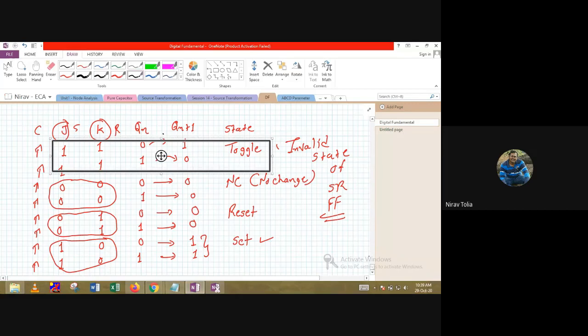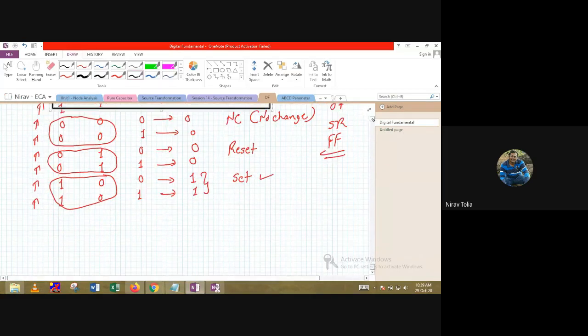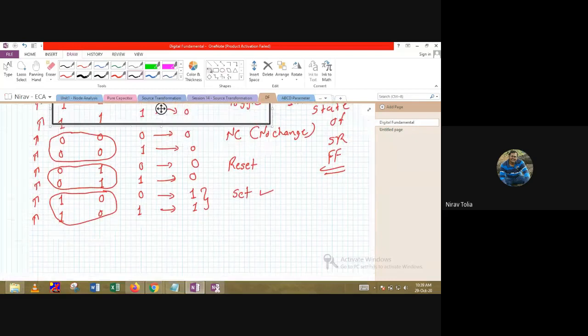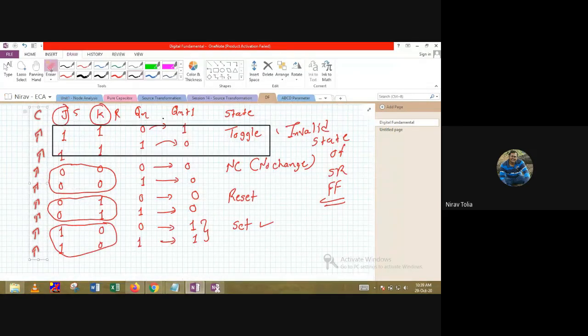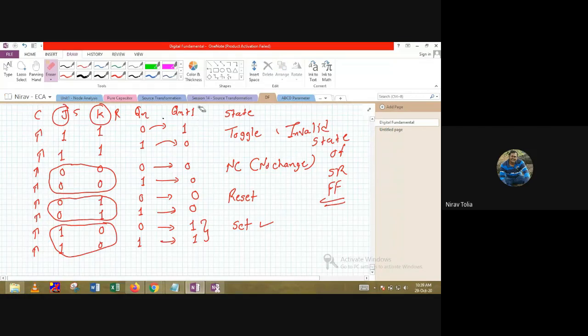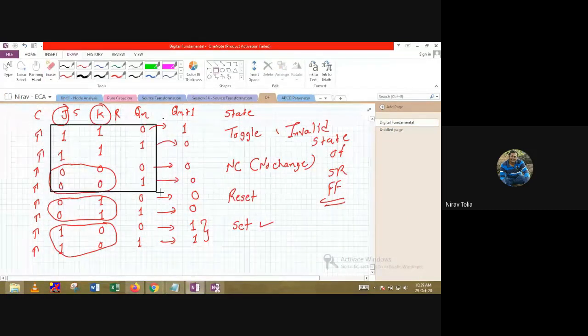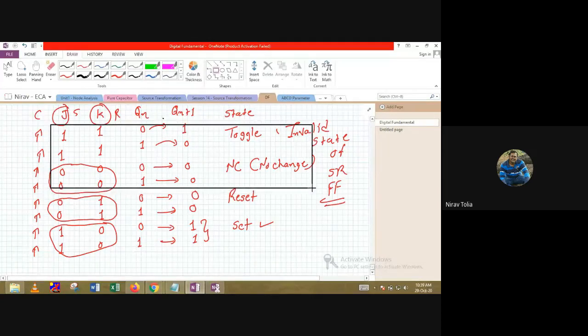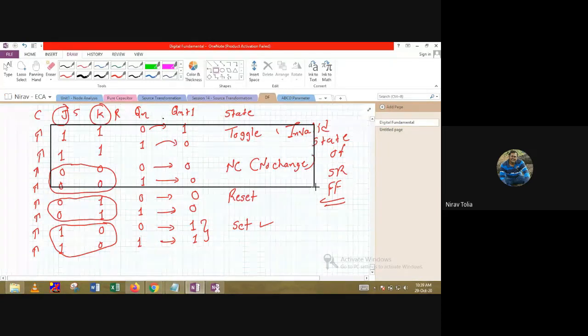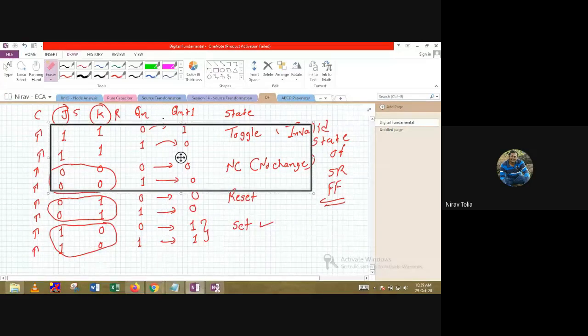The first one is this, or you can say 1 1, and the second one is this. We have only these two states because we are short circuiting the input.